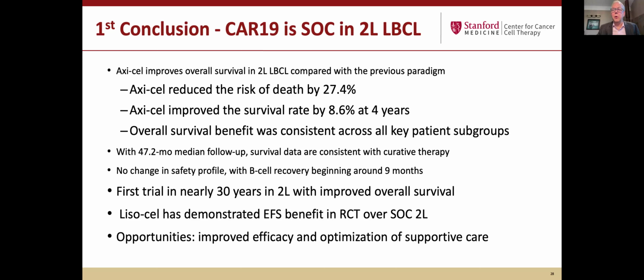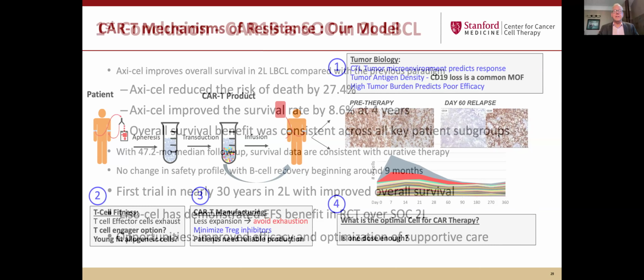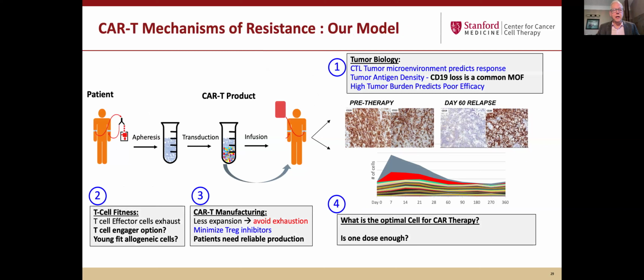I'm sure there'll be questions around this. Now, as I said, my laboratory is trying to understand how to make targeted T cell therapy more effective. Consider the patient undergoing apheresis, collecting their T cells, going through viral transduction, and then having the infusion back into the patient. There are a number of ways the treatment could fail.